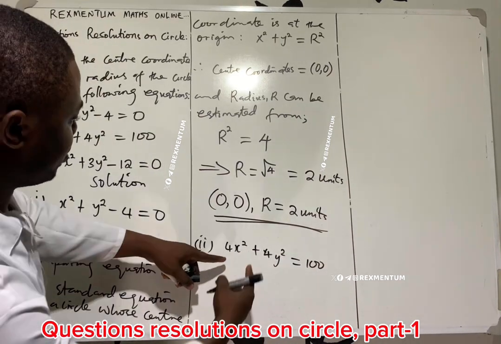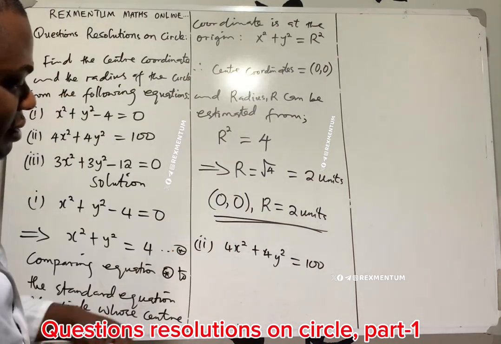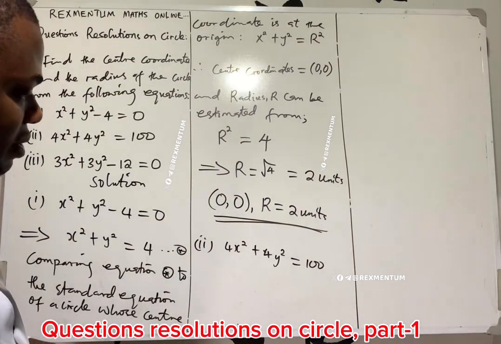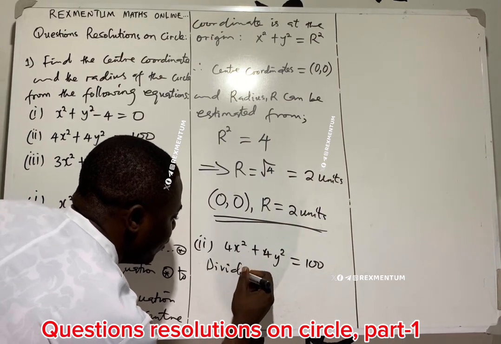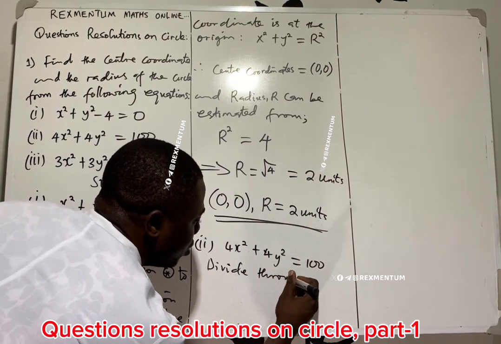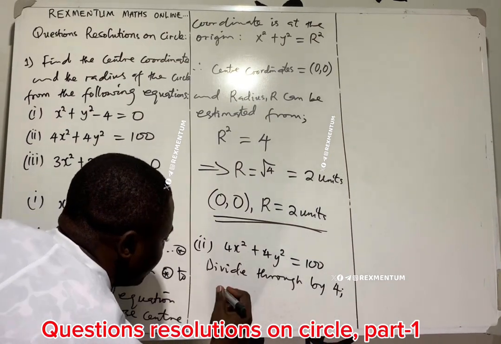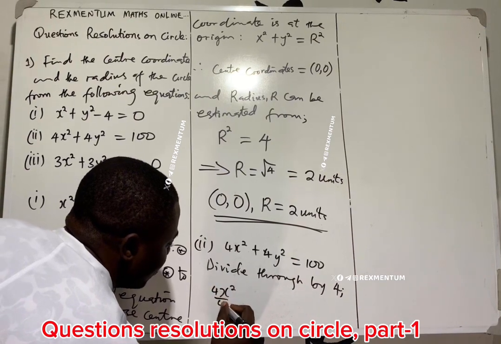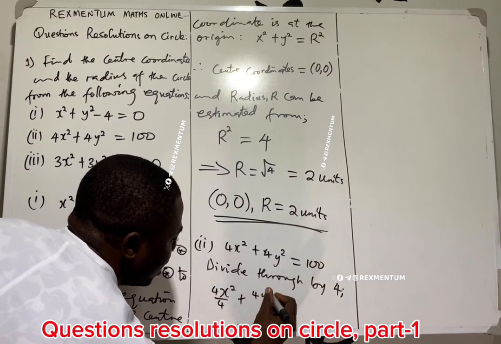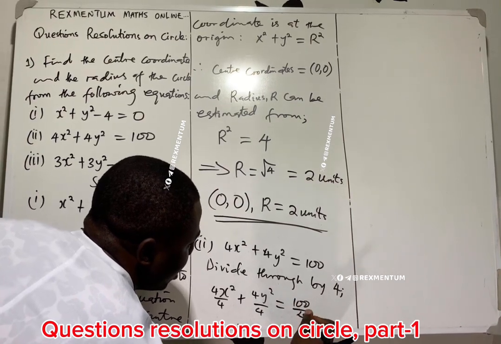Before you make this equation look exactly like that of a circle whose center coordinate is at the origin, you have to divide through by 4. This implies that 4x squared over 4 plus 4y squared over 4 equal to 100 over 4.